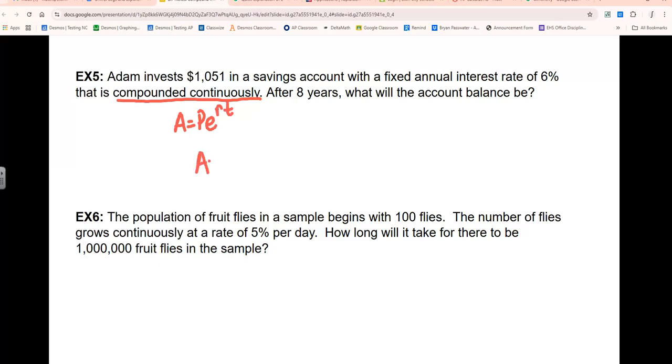So our principal here would be 1,051. e is a number, you leave it there, it's not a variable. So it's going to be e to the, we need the rate as a decimal, 0.06, and the time, which is 8, right here. And so you would just plug that into Desmos.